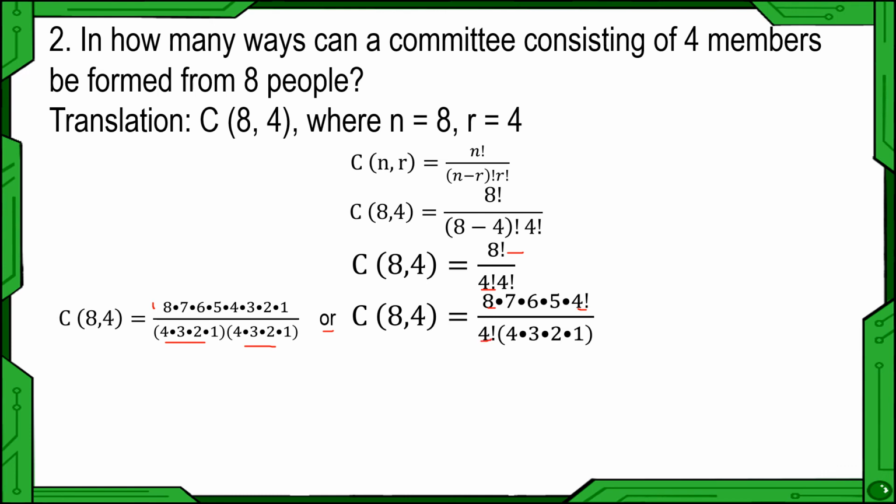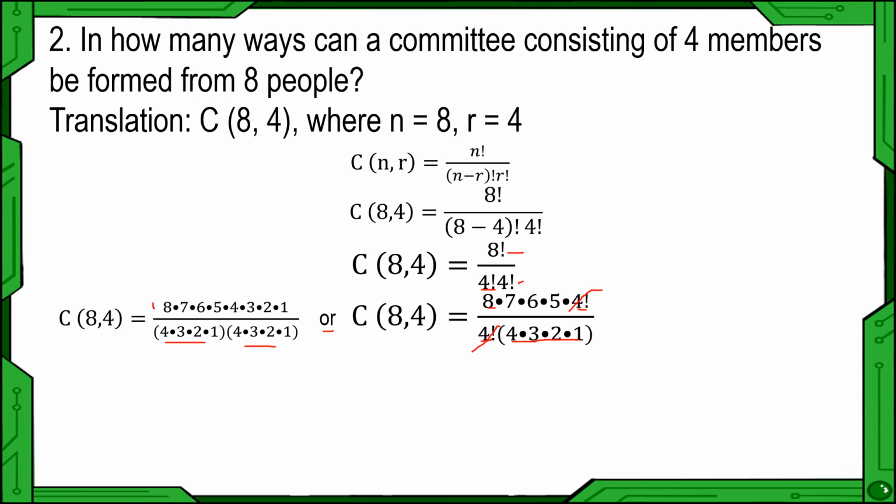And then simplify the other 4 factorial. So this is 4 times 3 times 2 times 1. Again, this is division, so we can cancel 4 factorial here and 4 factorial.